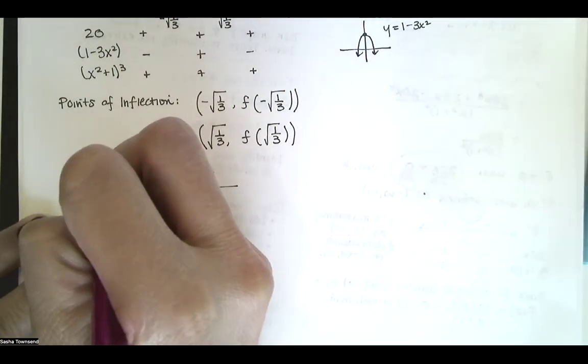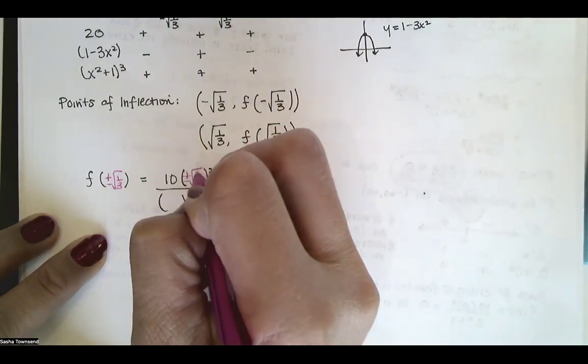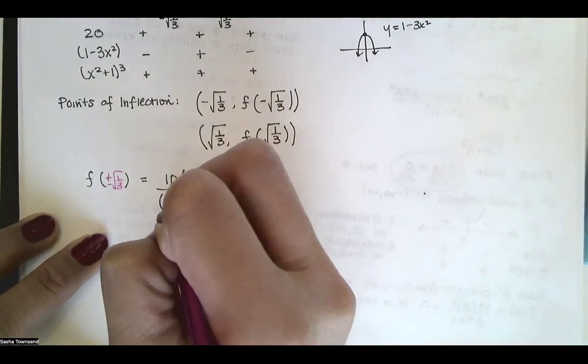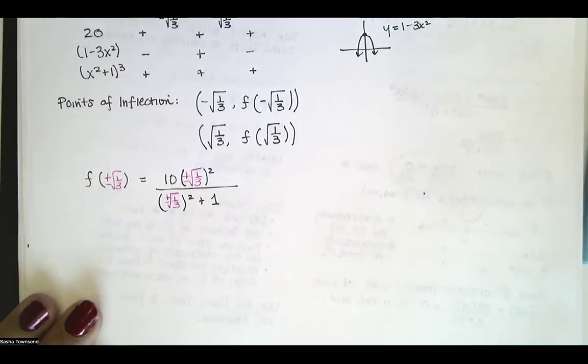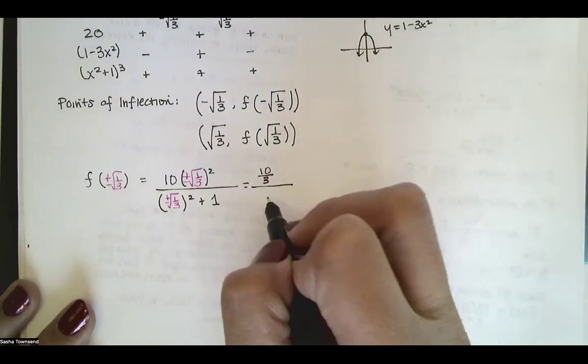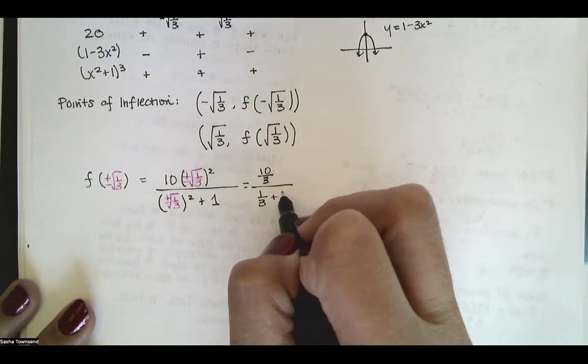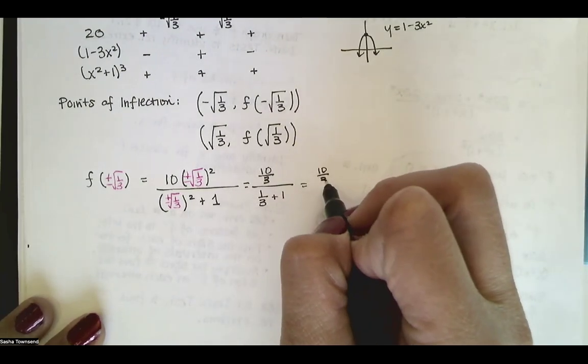So we're substituting plus or minus the square root of 1/3. And then we're squaring that. So this is going to be 1/3 times 10, which is 10/3, divided by 1/3 plus 1. 1/3 plus 3/3 is 4/3.